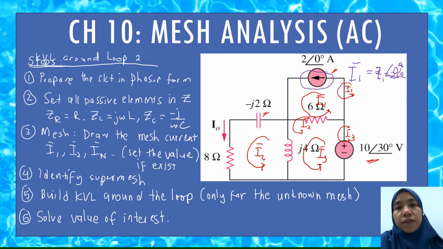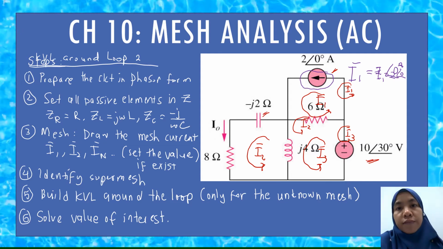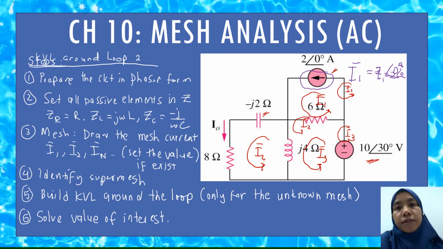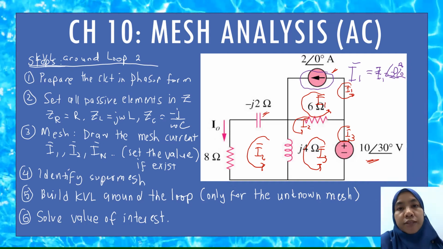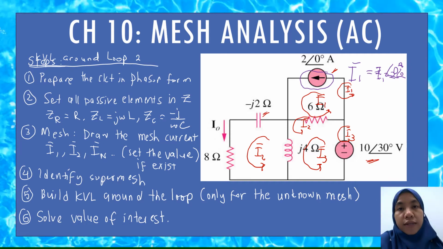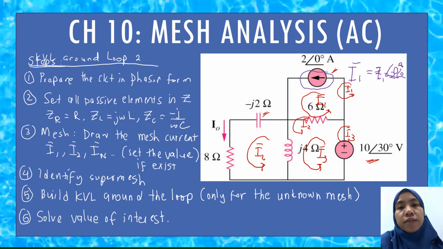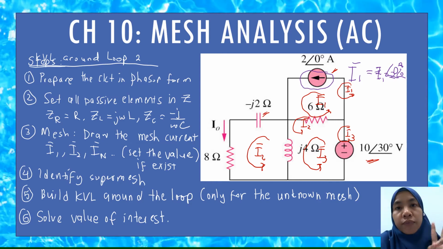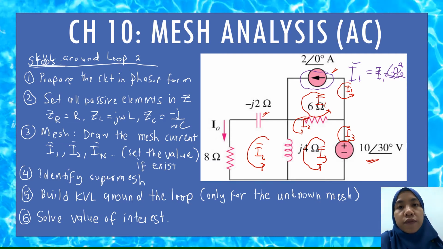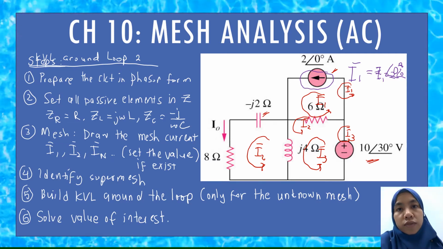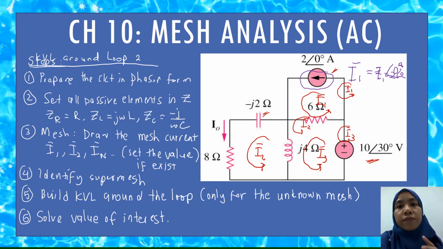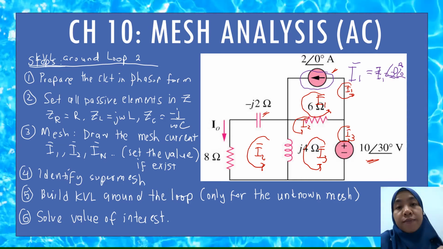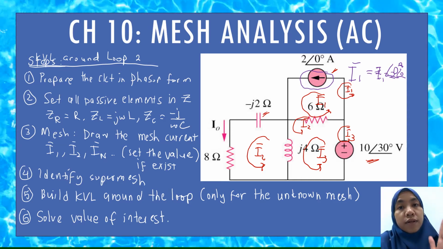And if you have a current source in series with some element, you need to include that as part of your supermesh. If a supermesh exists, then you need to build two equations. One is KVL around the outer loops, and the second is KCL at the current source.